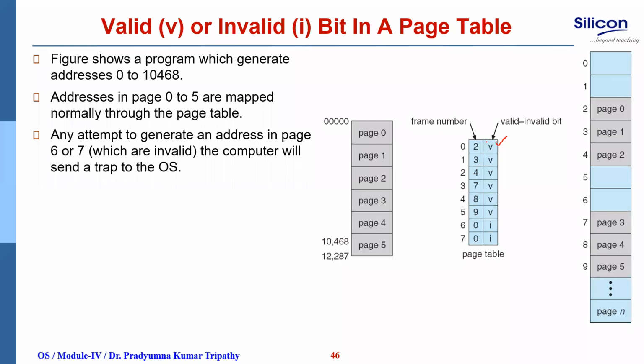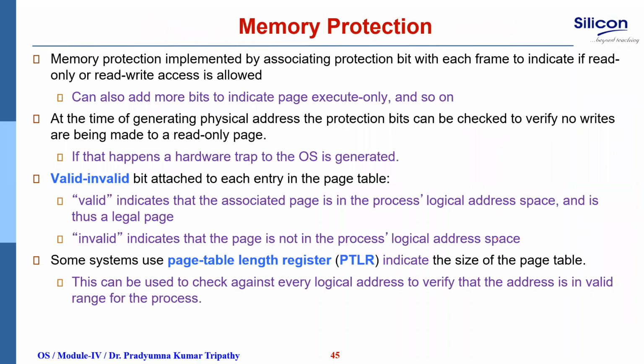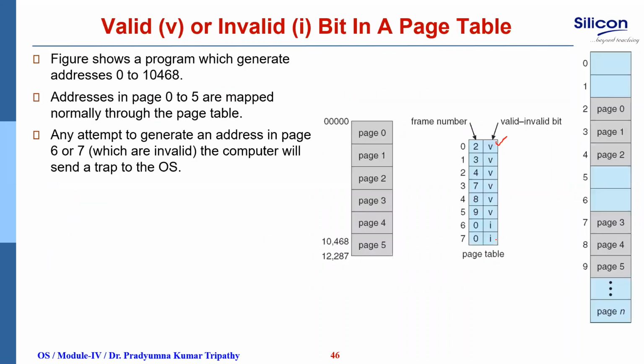If a page is valid, we'll write V, or it is set to 1. If it is invalid, we'll set it to 0. Correct? So a valid bit signifies whether a particular page is valid or invalid.